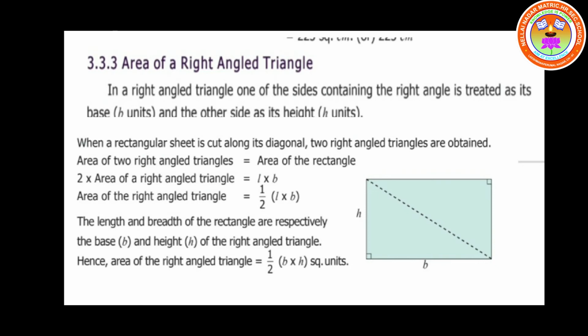So, 2 into the area of a right angled triangle is equal to L into B. So, the area of the right angled triangle is equal to half into L into B, that is length into breadth. The length and the breadth of the rectangle are respectively the base B and height H of the right angled triangle. Hence, the area of the right angled triangle is equal to half into B into H square units.